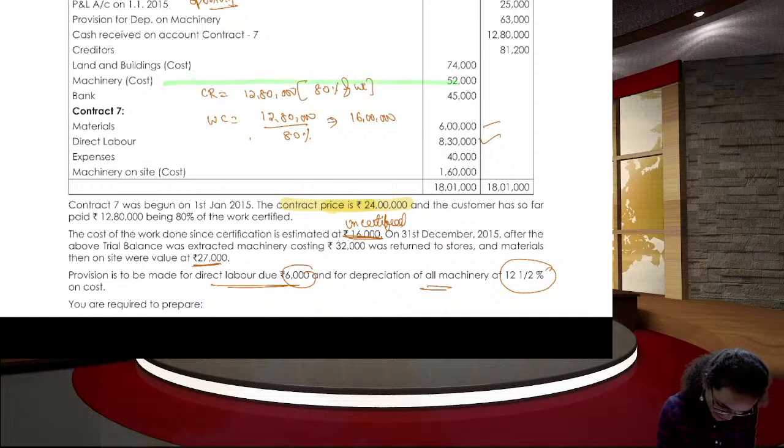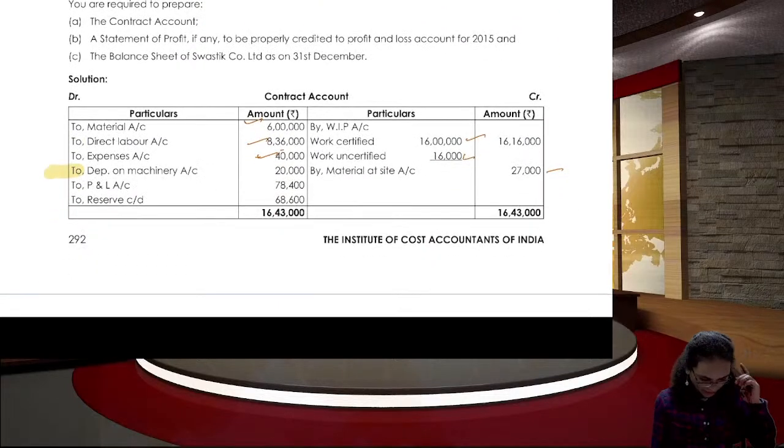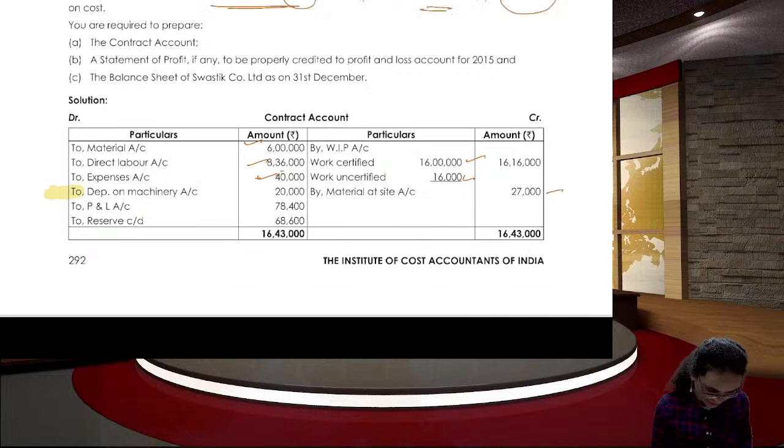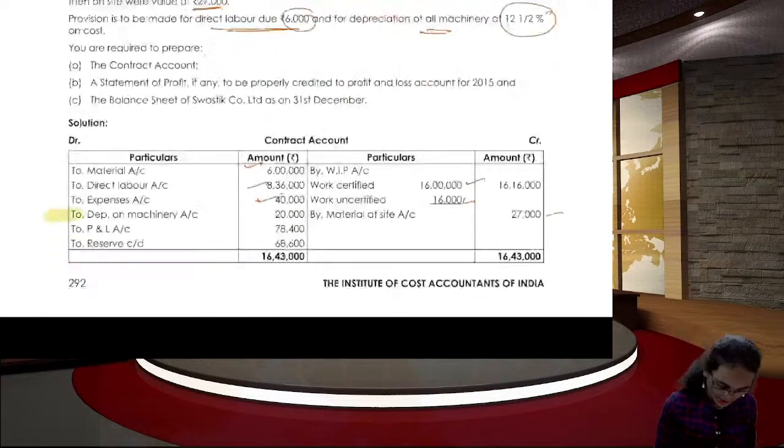Machinery here 52,000. Machinery 20,000. The machinery on site for this particular project is 1,60,000. On this, 12.5% is the depreciation. That is 20,000.